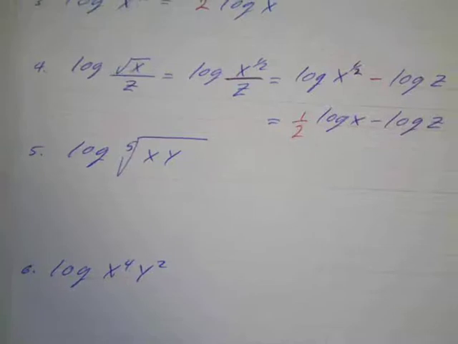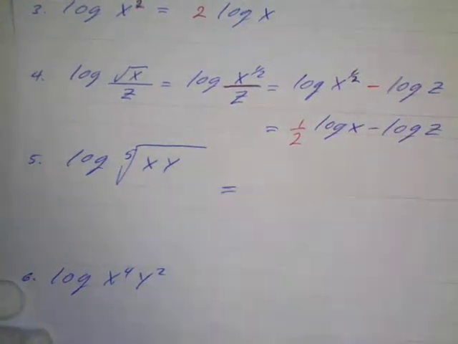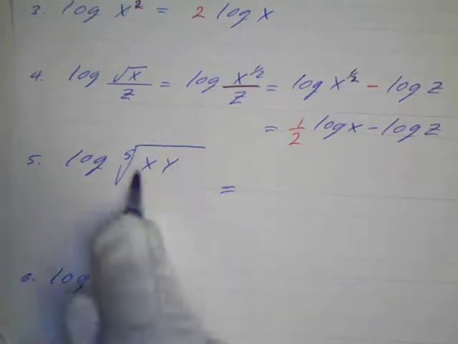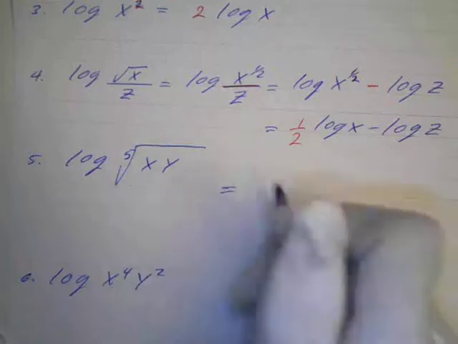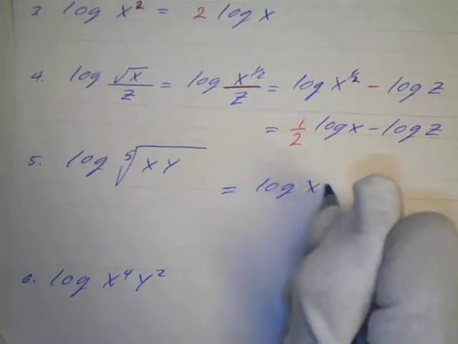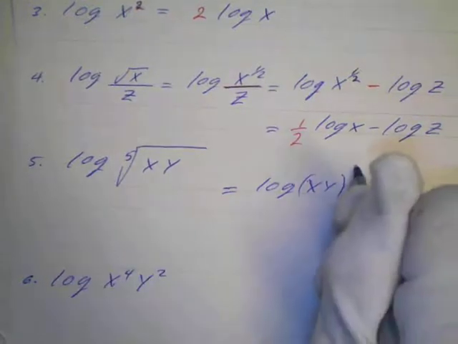I'm going to write this down here because I've got a little room up here. The first thing we're going to do is change this to an exponent, because remember we don't deal with roots. So we're going to call this the log of (xy), with parentheses, to the 1/5 power, since the fifth root is the 1/5 power.